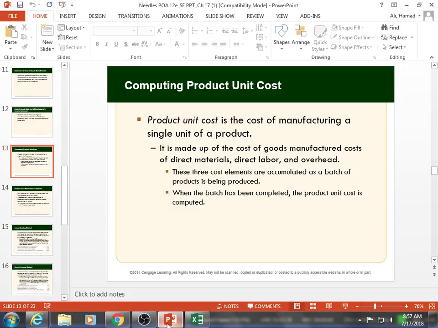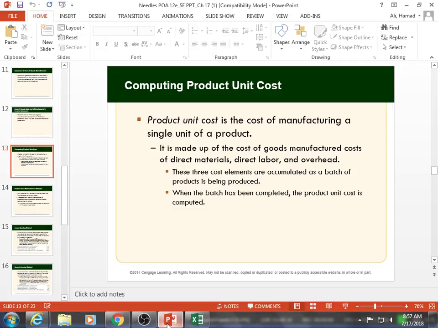If you were to find the unit cost, you would have to divide the total cost of goods manufactured by the number of units produced. Look at computing product unit cost on the next page. Now, what are these costs that you see there?